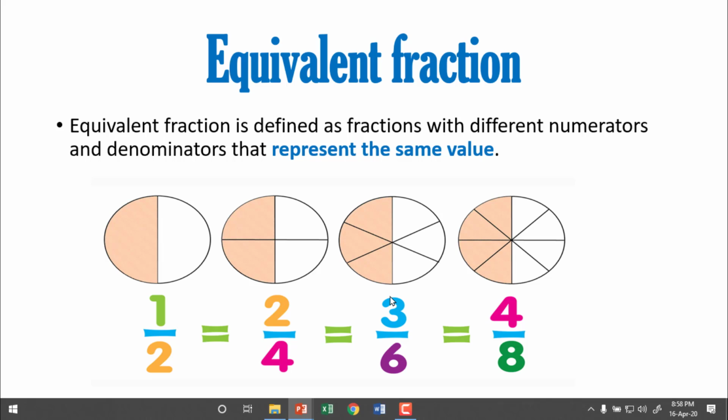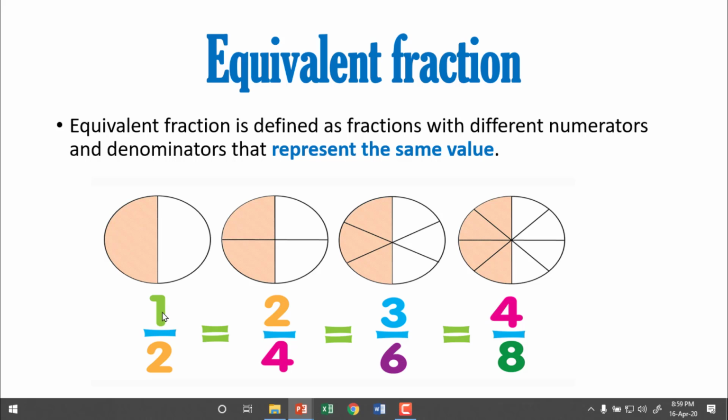At the same time, we can say that half of the circle has been colored and half is non-colored. If we divide the circle into 8 equal parts, and color 4 of them, then we can write the fraction as 4 by 8. At the same time, the colored part represents half of the circle.